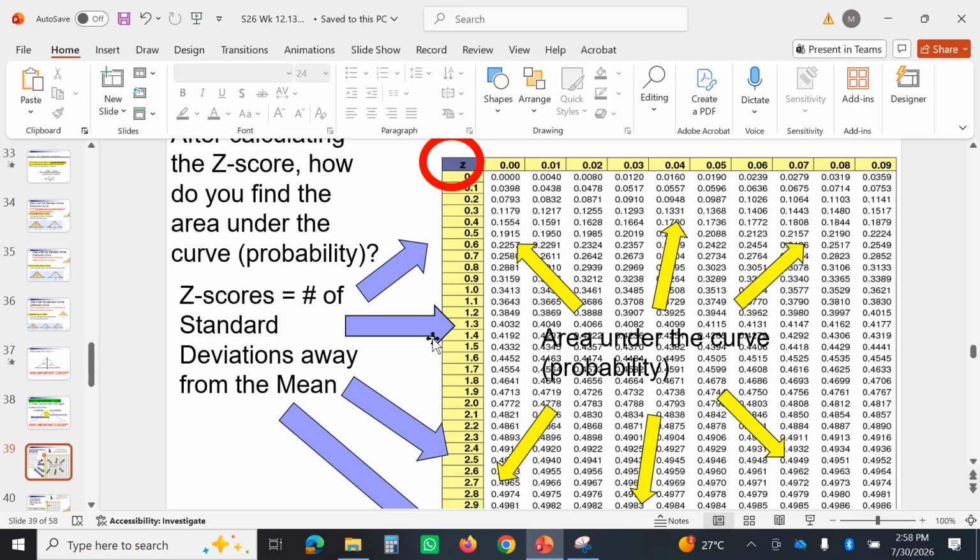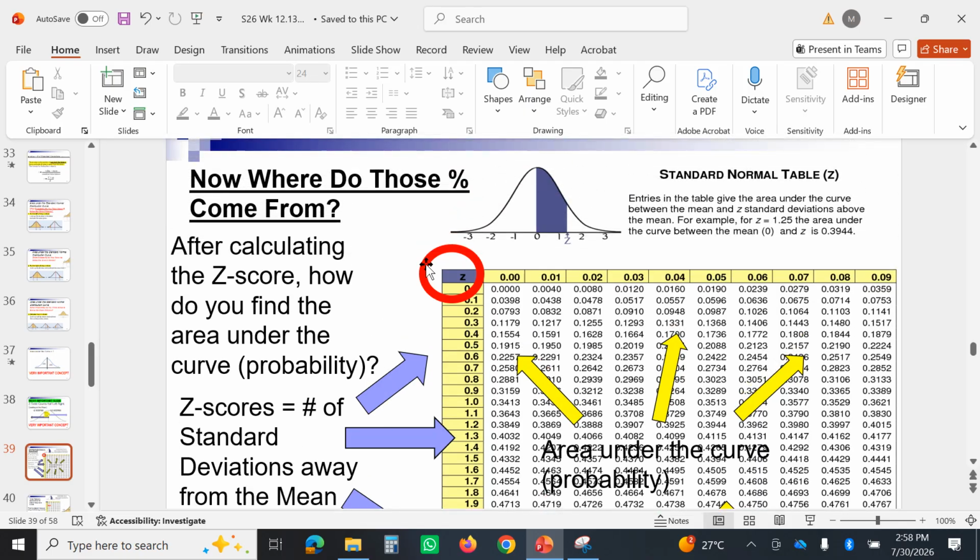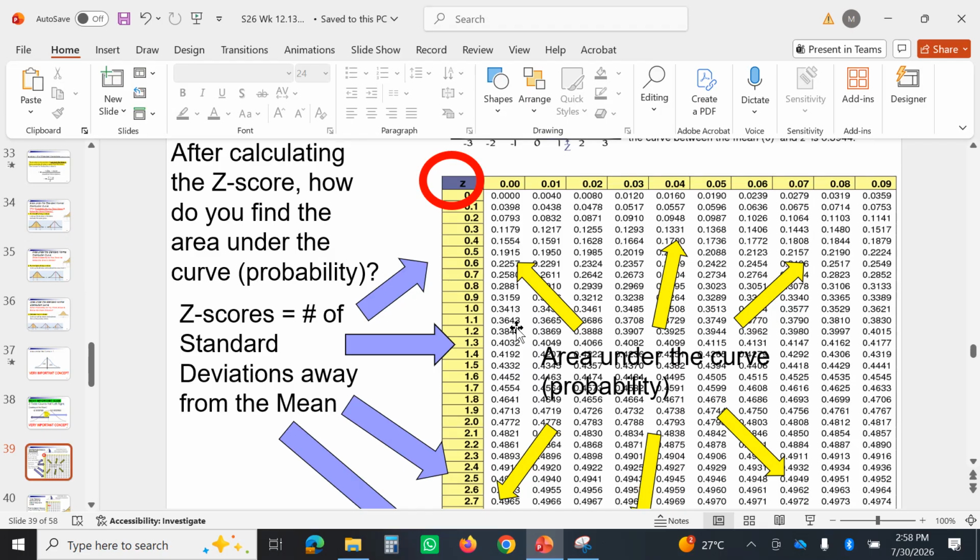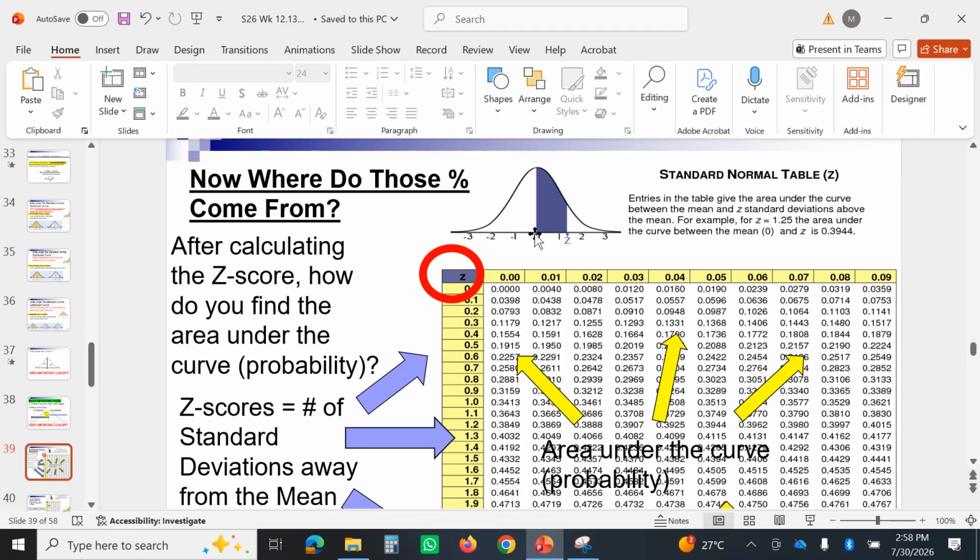What if you get a negative standard deviation? In this case I got a positive Z. What if I had negative 1.5, and I wanted to find the area under the curve? With negative 1.5, cancel the negative and just go 1.5. There's your 1.5, so 0.4332, 43.32%. And it's the same.